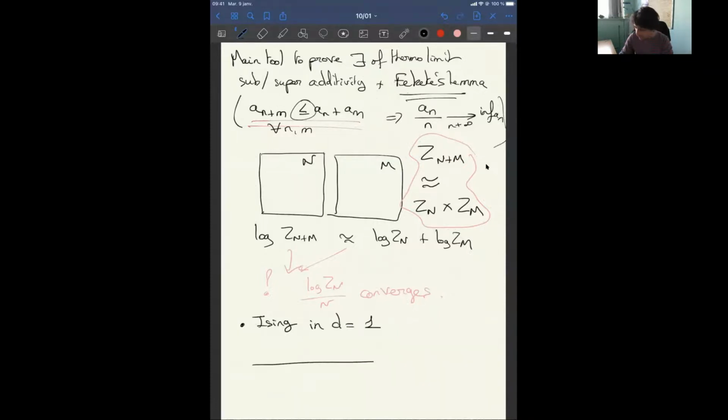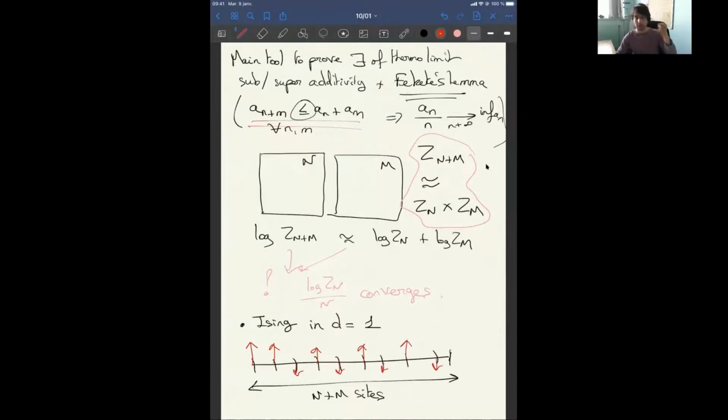So in Ising in dimension 1, the setup would be the following. Say you have n plus m sites, and on each site you can have a +1 or a -1 spin, and the sum will be over the 2 to the n plus m possibilities of having plus or minus 1 at each site.